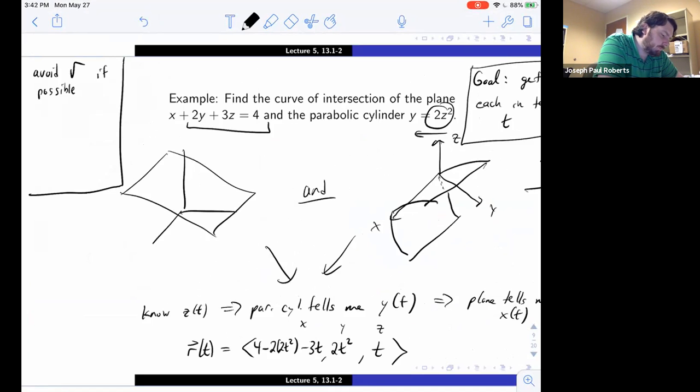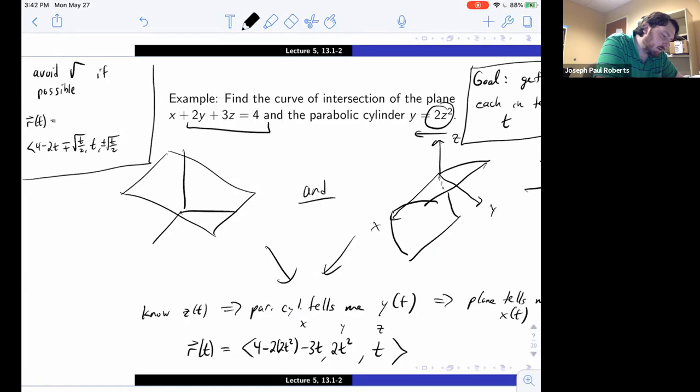So you could do r of t is 4 minus 2t, and then minus or plus square root of t over 2, comma t, comma plus minus square root of t over 2. That would be okay, but you're making it unnecessarily complicated. And if you didn't do this plus minus, if you didn't do both possibilities, then you'd only be getting half of the curve.